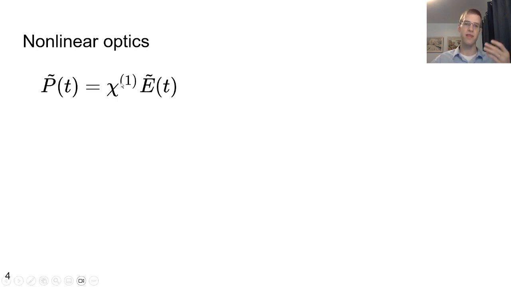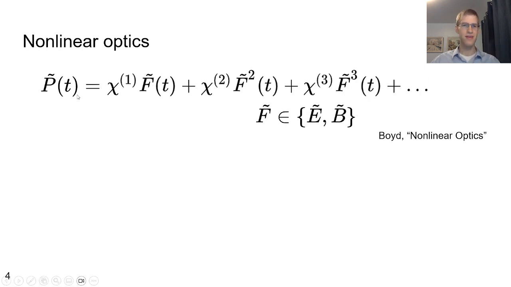This is governed by the linear susceptibility. In general, things are a lot more complicated. The polarization forms a power series of susceptibilities, and when a polarization is induced, it can radiate at a lot of different frequencies, the sums and differences and combinations of the incident fields.